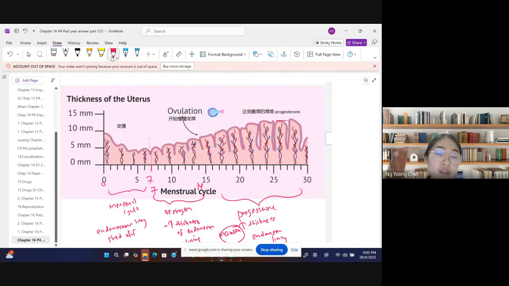At the time you are shedding the lining, you actually have follicle growth. I'm writing to show that there's follicle growth, so you can secrete more estrogen. So here becomes very high estrogen already. Here becomes very low estrogen.